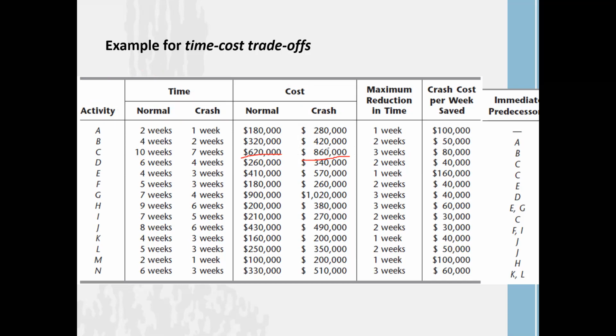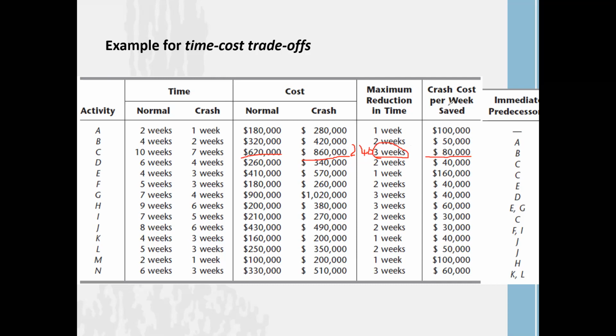From 860 to 620, it is 240. Isn't it? $240,000 for how much of a week reduction? This is because of the 3 weeks of expediting of activity C. Then for 1 week, you have to spend an additional $80,000 to reduce 1 week from activity C.